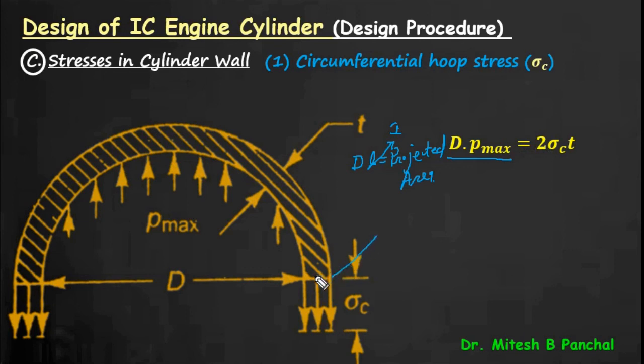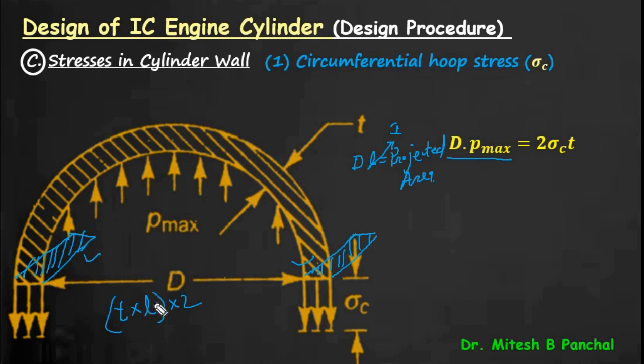T. If you consider the cross section, you can consider the cross section on both sides, right? So the total resisting area is thickness T into L, into 2, meaning both areas we have to consider.